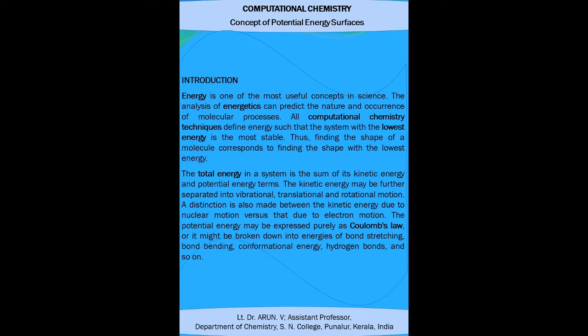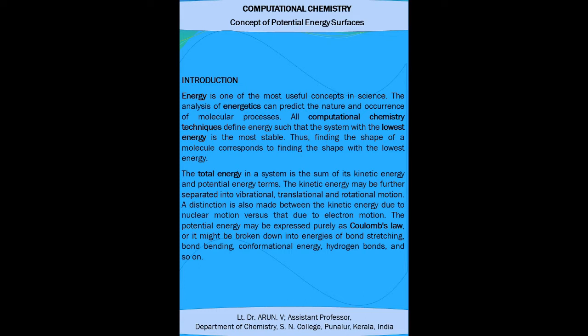All computational chemistry techniques define energy such that the system is in the lowest state, which is the most stable. Thus, finding the shape of a molecule corresponds to finding the shape with the lowest energy.